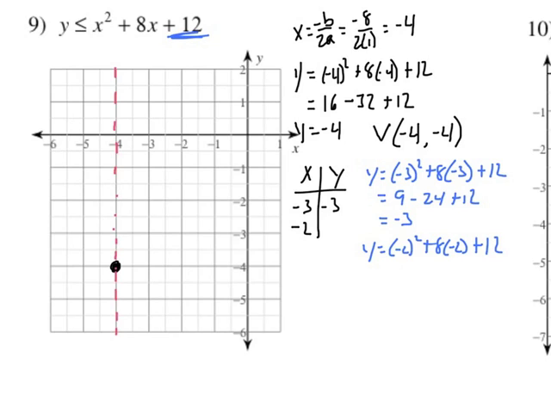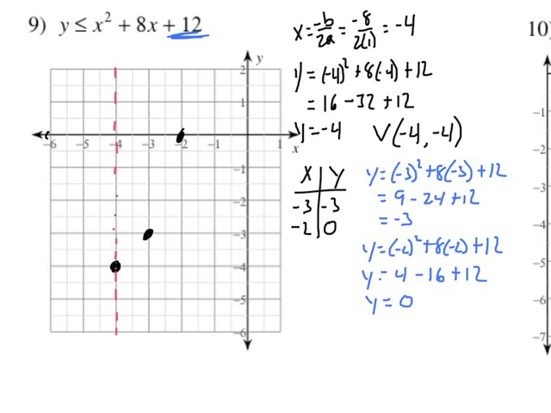So we have 4 times negative 16 plus 12. Or sorry, 4 plus or minus 16 plus 12. So that gives us what? 0. Okay. Plot those points.